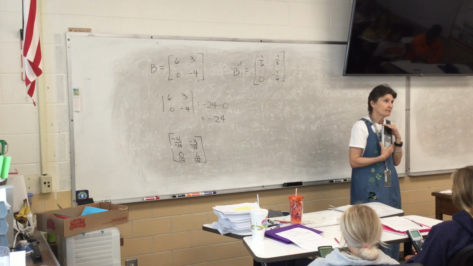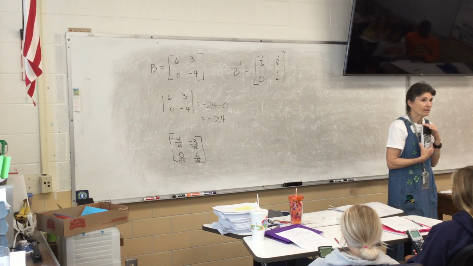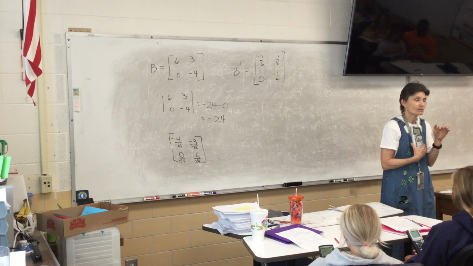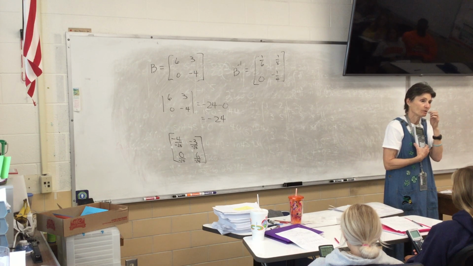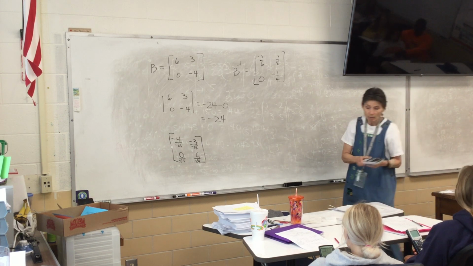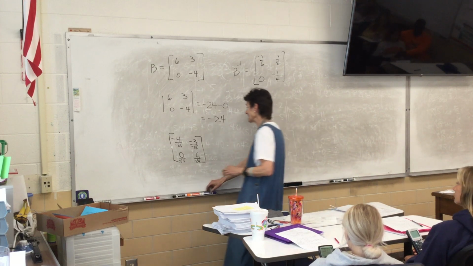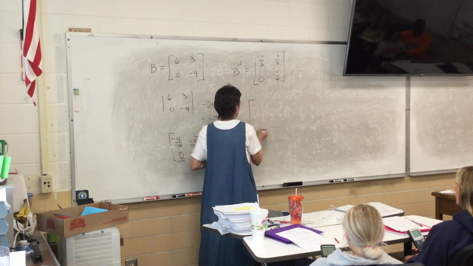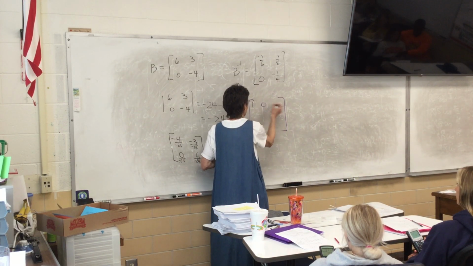Now what happened? What did you end up with when you took your inverse and you multiplied it by the original? You got all ones and zeros. You got what's called the identity matrix.